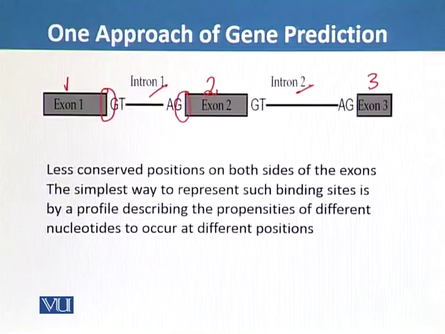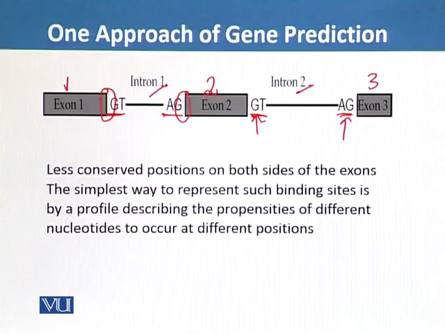As we have seen, at the start of the intron there must be GT, and at the end of the intron AG, GT, AG, and so on. Whenever there is an intron within the gene, it will start with GT and end with AG.